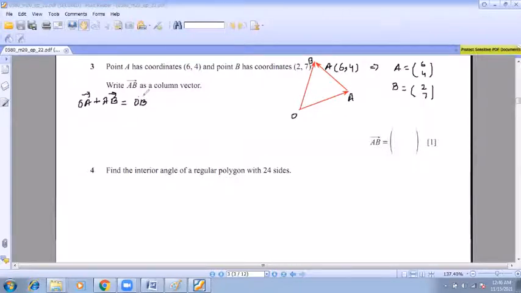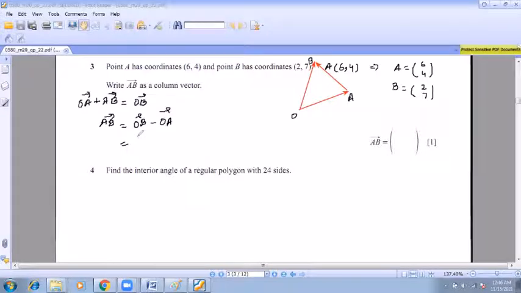We are going to find AB. It means the AB vector equals OB minus OA. OB, basically the elements of O origin are both X and Y 0, 0. If you try to find OB, you will get exactly the B answer. And if you find OA separately, you will get exactly the A answer. So I'm going to find directly, this means B minus A.